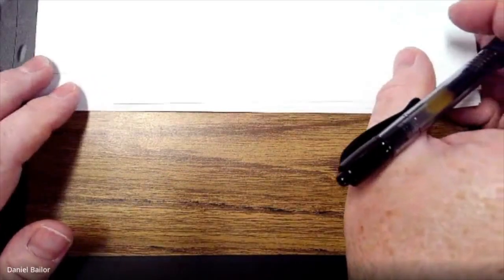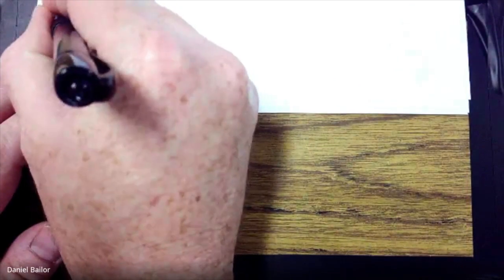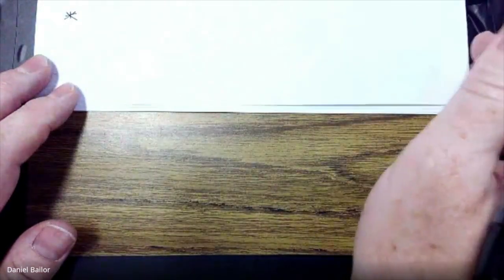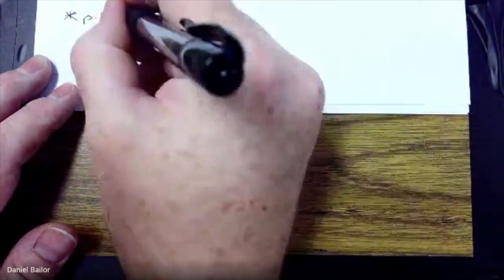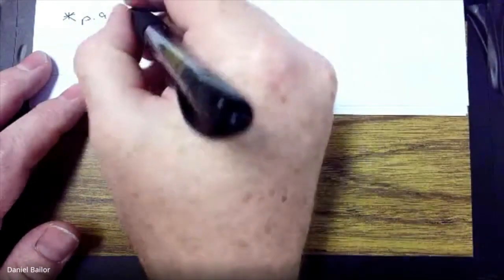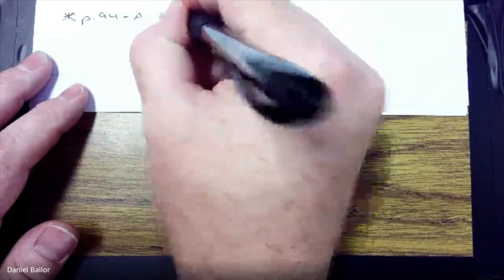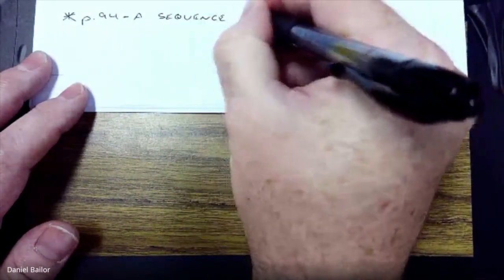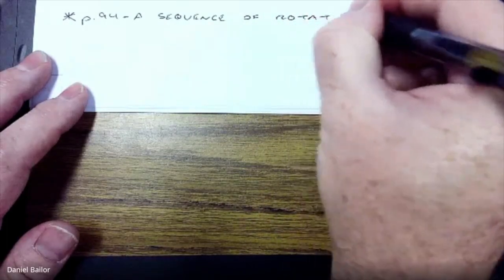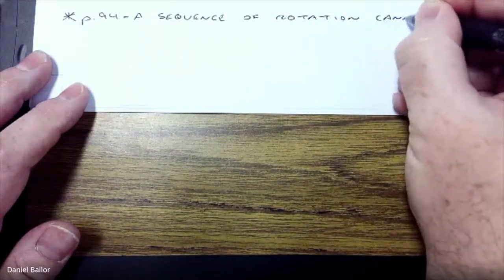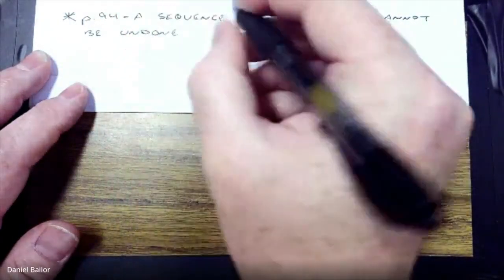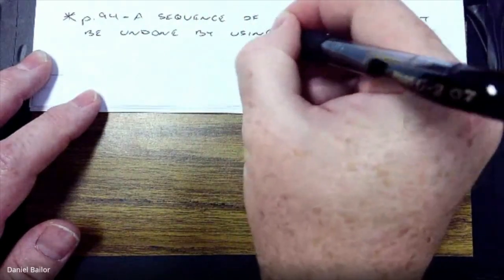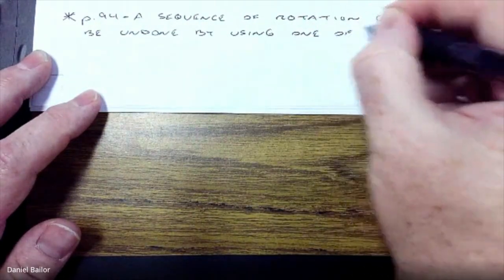Let's do another property right here. I'm sorry about that. I messed up my words. So a property that we learned from page 94 is that a sequence of rotations, more than one rotation, cannot be undone by using one of the points.